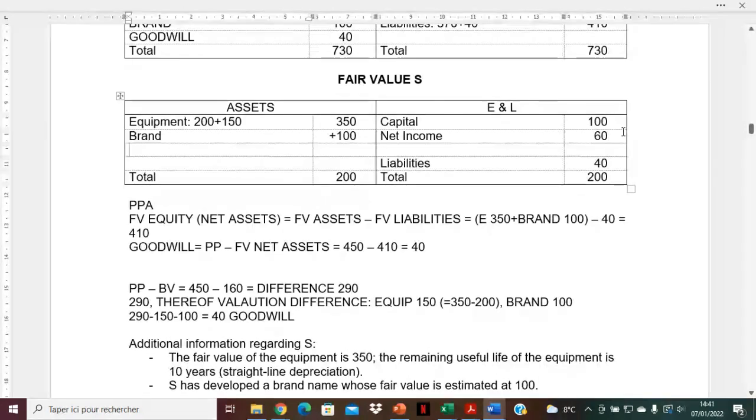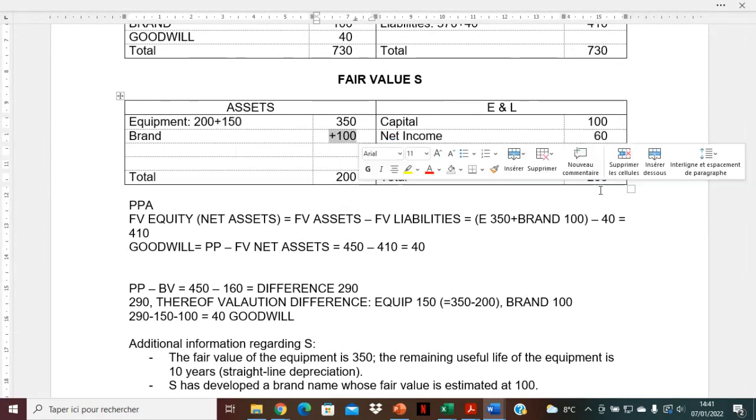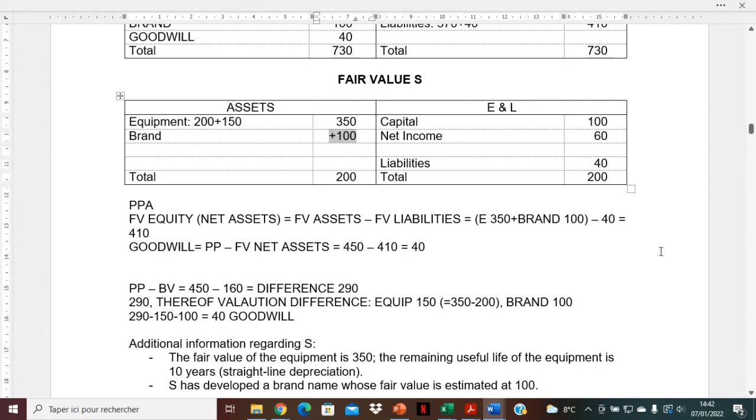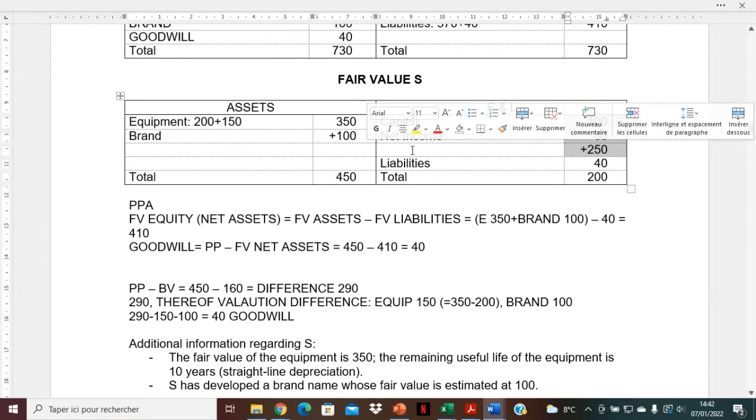That means since I incorporated a higher equipment value of 150 and I added a brand name of 100, I increased my total assets by 250. In order to balance the balance sheet, I need to put 250 on the equity side. Remember, equity is assets minus liabilities. Now my revalued assets actually are 450. My liabilities are 40. That means my revalued equity must be 410. That means I need to add 250.